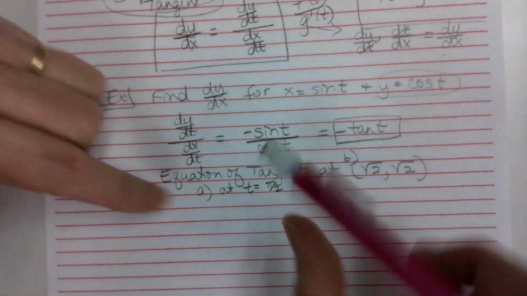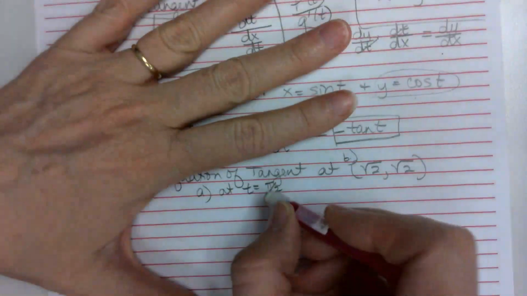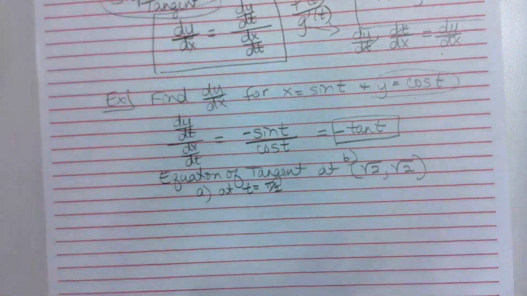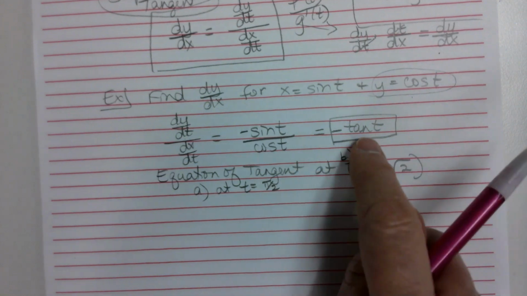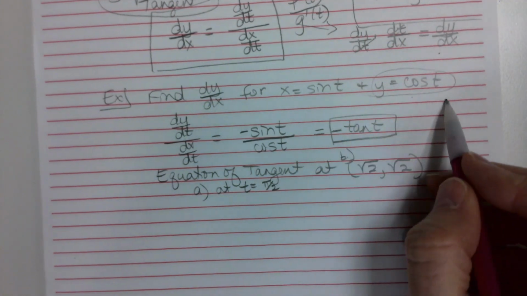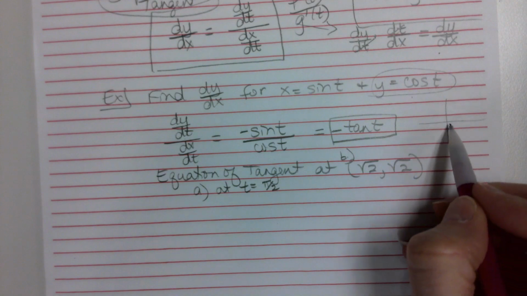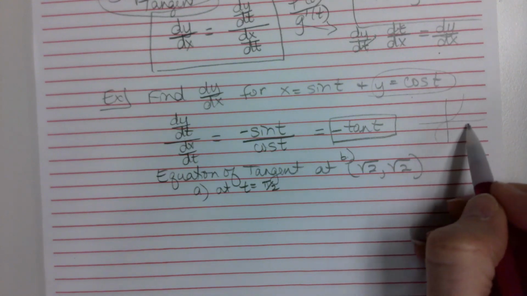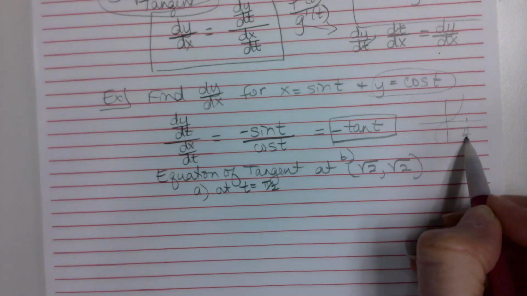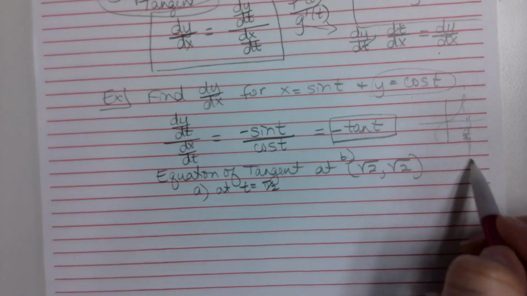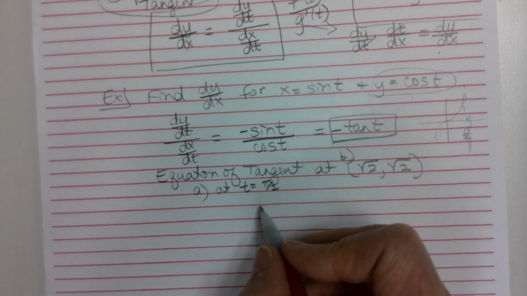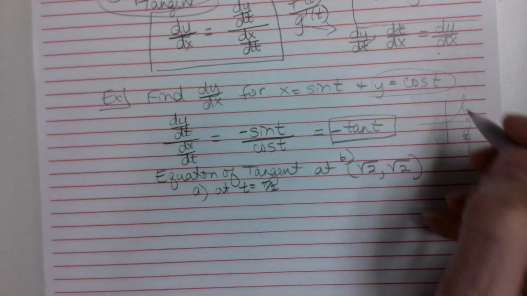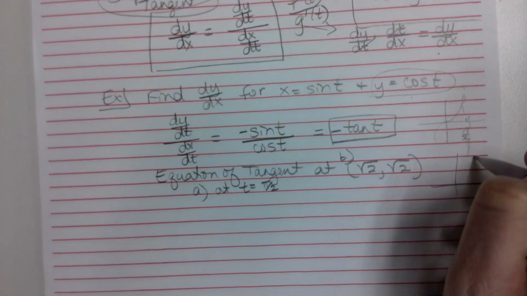Oh, well, we're going to have a slope. I guess if I ask for the equation of the tangent line at t equals pi over 2, what is the tangent of pi over 2? It is undefined. Pi over 2 is where that asymptote is, right? So how do I write the equation of a line with an undefined slope? Any undefined slope.